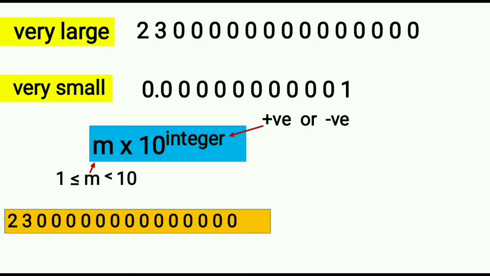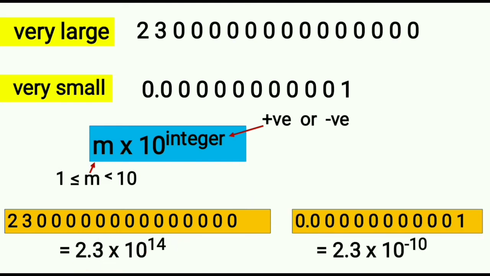So this number can be written as 2.3 multiplied 10 raised to power 14. Here exponent of 10 is positive and the value of m lies between 1 to 10. Here value of exponent is negative and value of m is between 1 to 10.